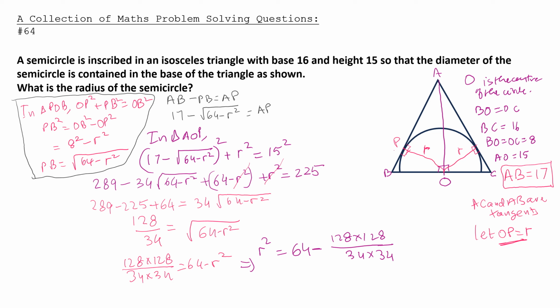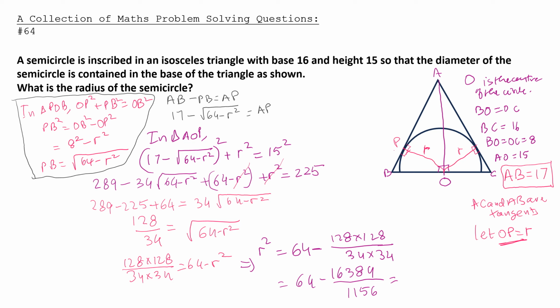So we get 128 times 128 equals 16,384. So that is 64 minus 16,384 divided by 34 times 34, which is 1156.